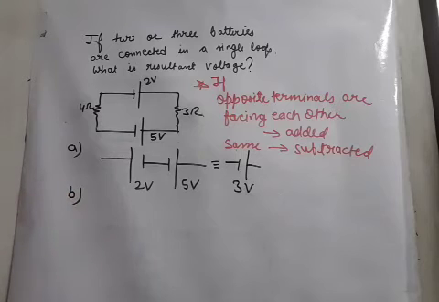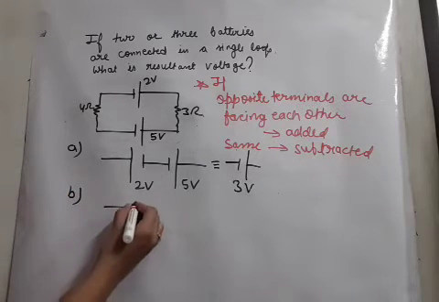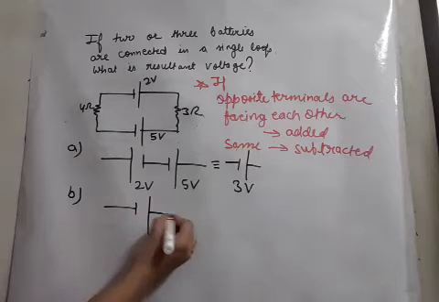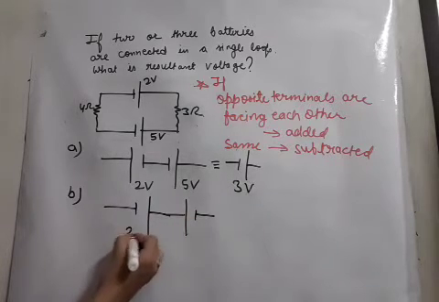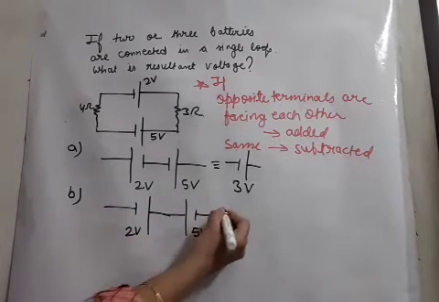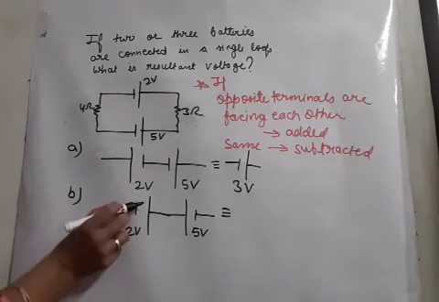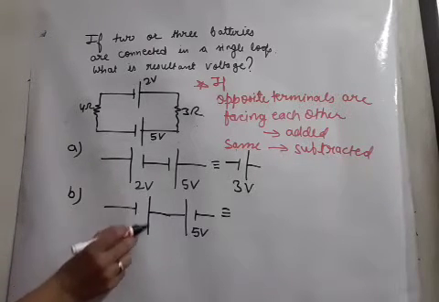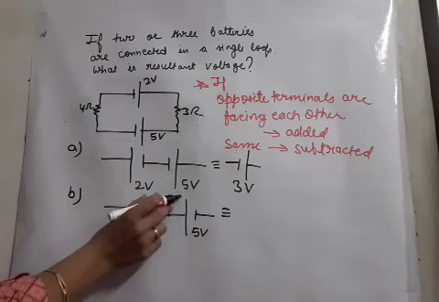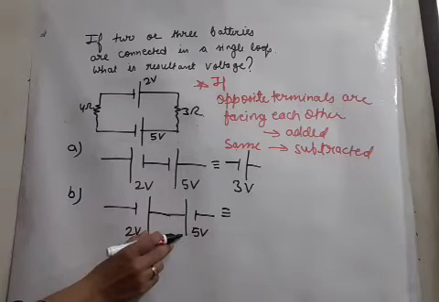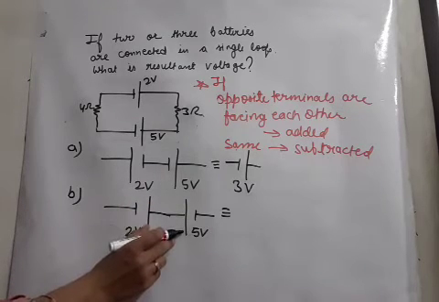Let us take case B. If 2 volt and 5 volt are connected in this manner, now also we have to see the terminals. Positive of 2 volt is connected with positive of 5 volt battery. This bigger terminal is called the positive terminal.